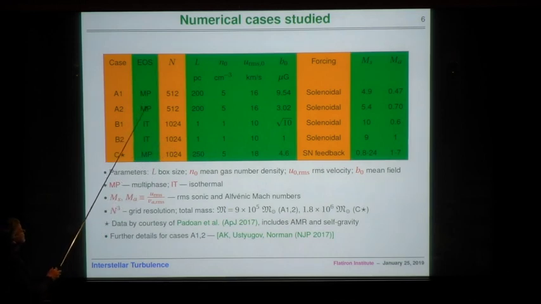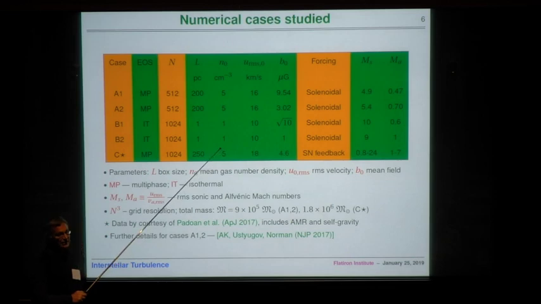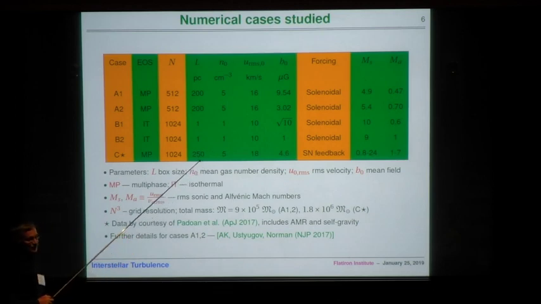So there are two multi-phase models which differ. So it's a 200 parsec box, 5 particles per cc mean density in the box, which is roughly what we would expect in the Perseus spiral arm. It's a little higher than it would be needed for Planck and CMB business, but this is what we got in our old models designed for star formation studies, okay?